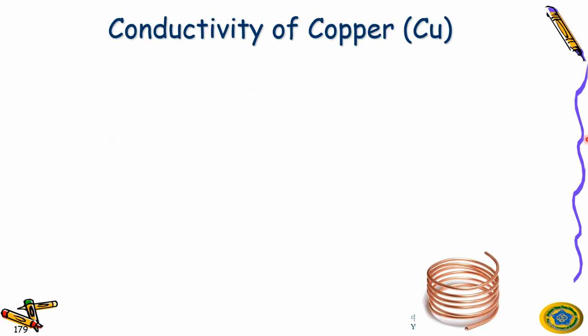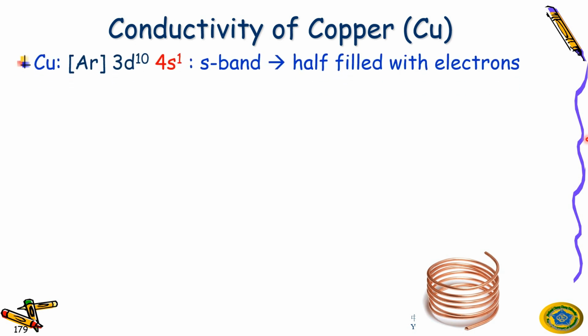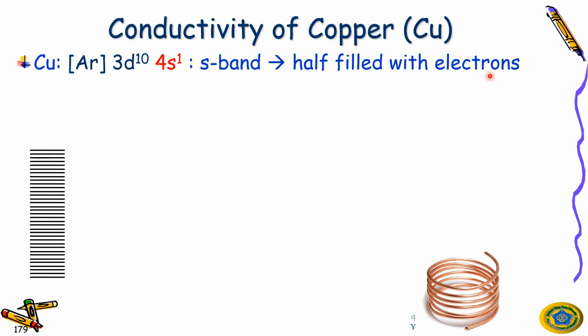So when we think of the conductivity of copper, we know that the band is half filled with electrons. So copper is 3d10 4s1. So the s band is half filled with electrons. So if we have a band here, the copper s band, it's half filled with electrons.